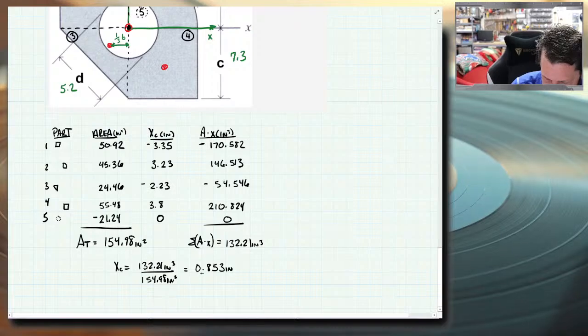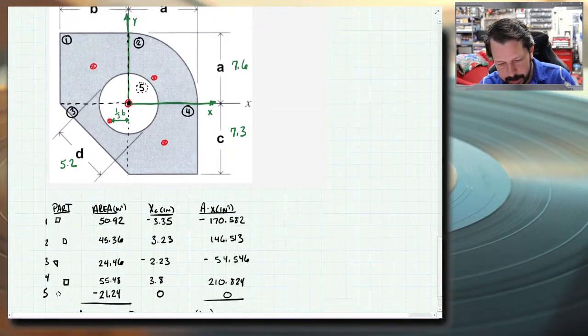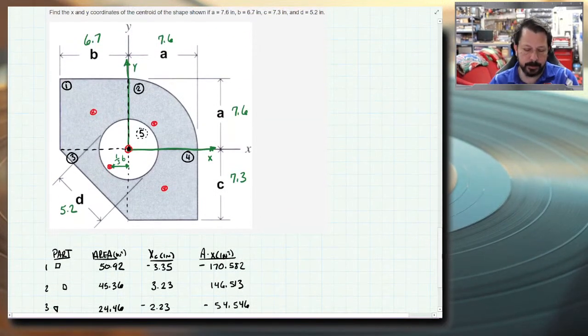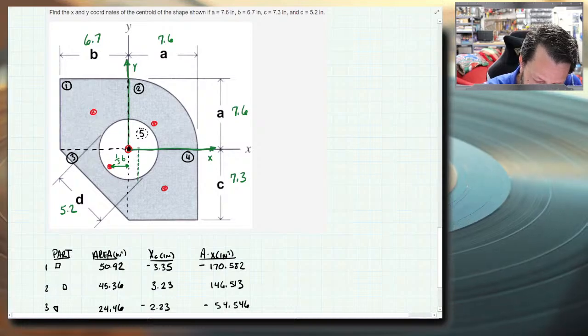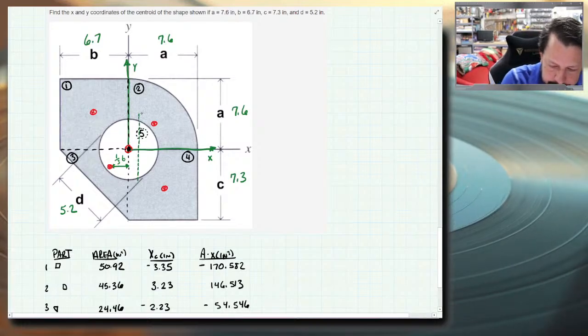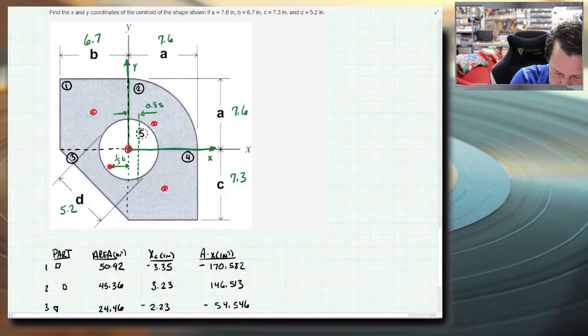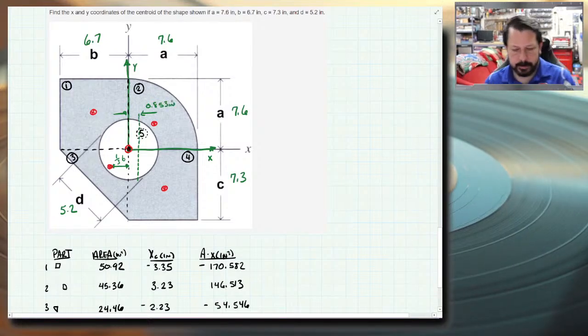0.853 inches. Then we should check, does that look reasonable? So it's saying that more or less somewhere on this line, if this line is 0.853 inches, somewhere on that line is where the centroid is going to be for this shape.